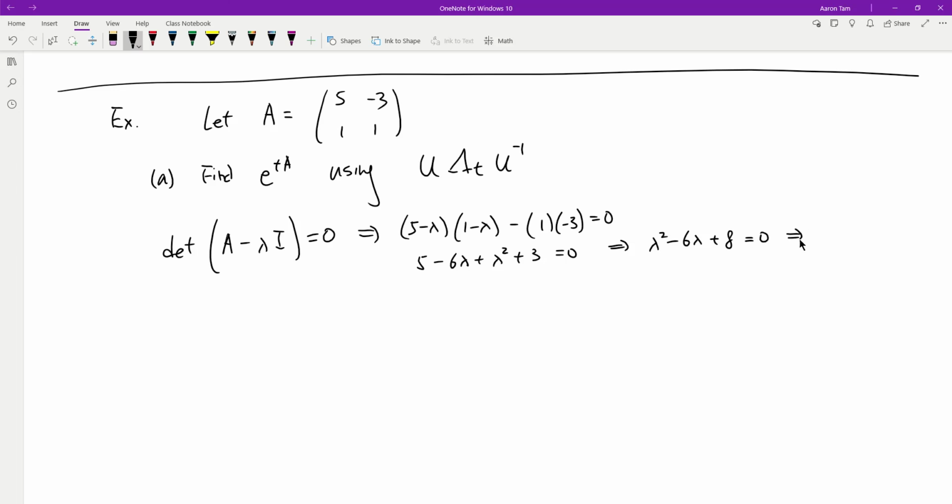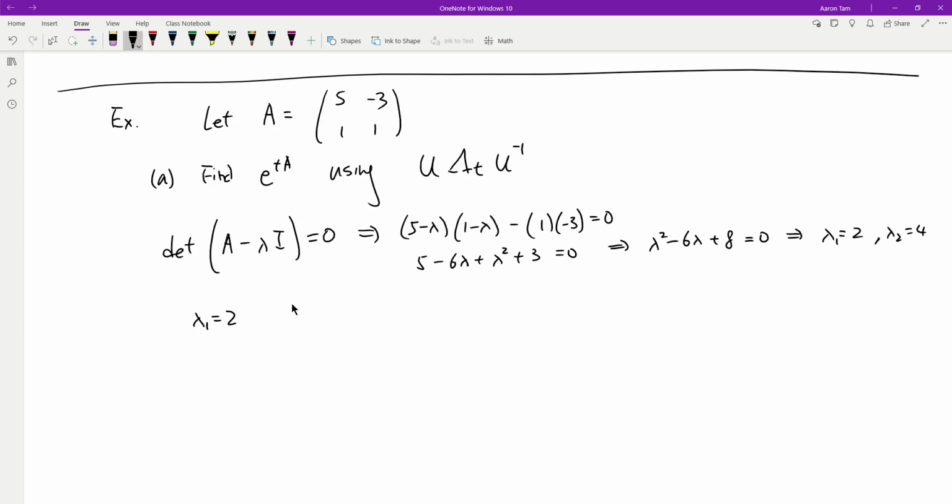So that comes out to be lambda 1 equal to 2 and lambda 2 equal to 4. You can easily factor that into lambda minus 2 times lambda minus 4. So therefore lambda 1 and lambda 2 are 2 and 4. So let's find our eigenvectors. So let's say lambda 1 is 2.